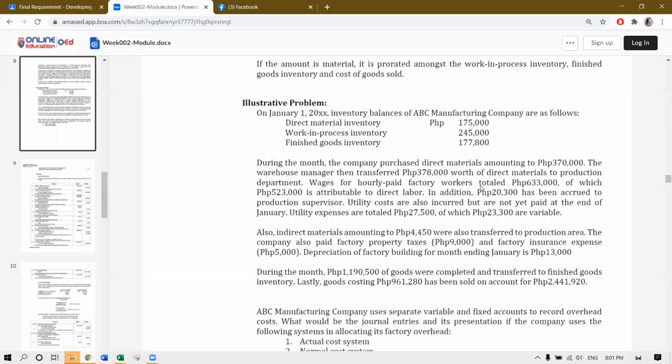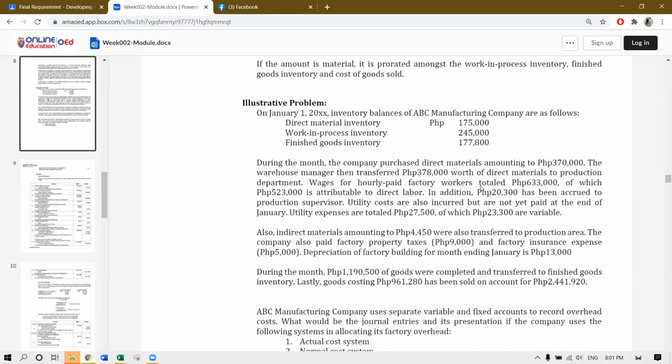Wages for hourly paid factory workers totaled 633,000, of which 523,000 is attributable to direct labor. Whatever exceeds the direct labor will be part of the overhead. Okay. In addition, 20,300 has been accrued to production supervisor.